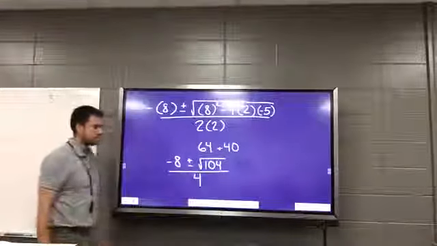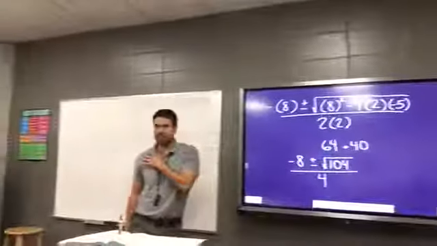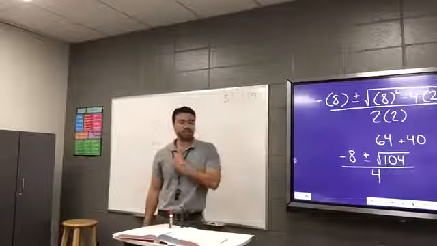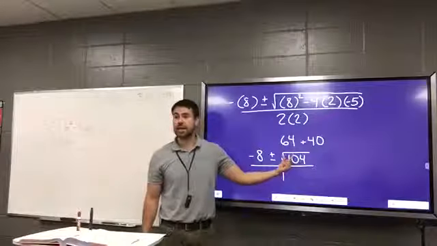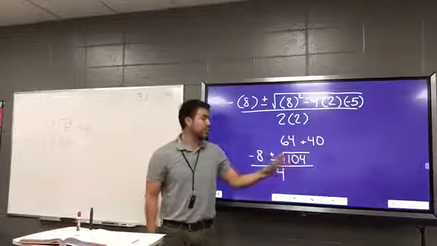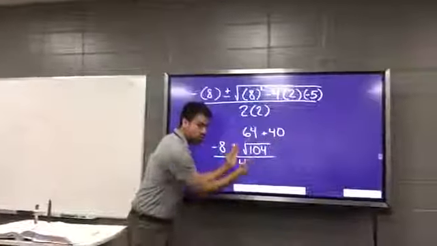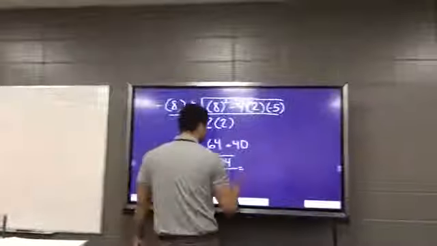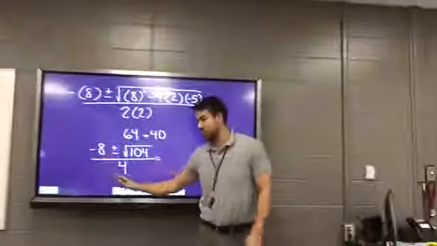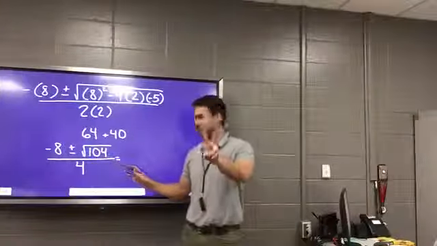And then what's 2 times 2? 4. I had an internal debate about how I wanted your answers, and this is how I want you to write them. If you don't know what that is perfectly, that's okay. You're going to leave it just the way it is. Just leave it the square root of 104. How many answers are here, by the way? 2.